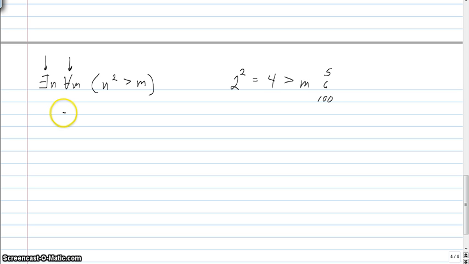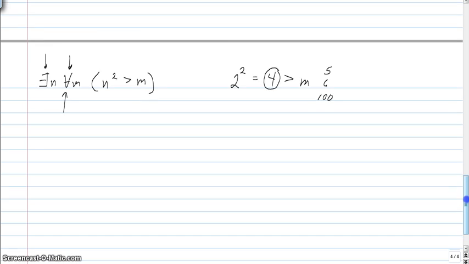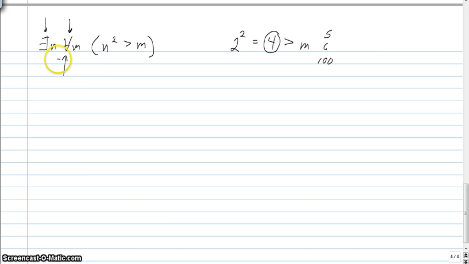So if we're going to prove this is false, we have to select some integer that we know is going to be greater than n squared. Right now we can't select a value. One mistake I see made a lot is we'll just say, well, let's pick n equals 2 and m equals 100.